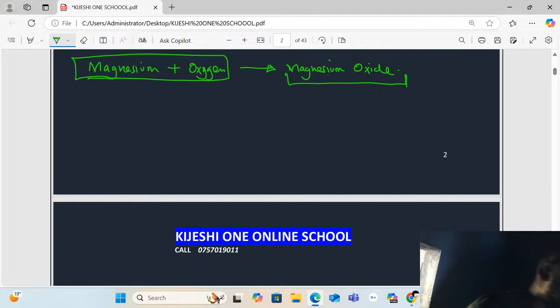Therefore, we'll have magnesium, which is valence 2. Its cation is written in this way. It must combine with the oxide. Oxide is written like this, so that we arrive at magnesium oxide.